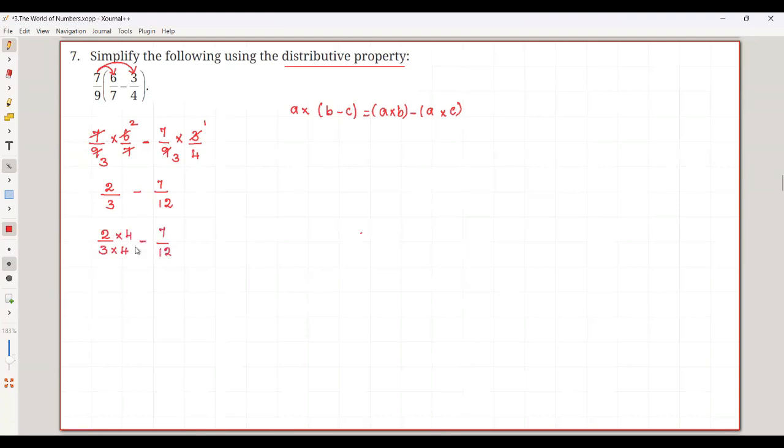So 8 by 12 minus 7 by 12. Both have the same denominator, so keep the same denominator and subtract the numerators. 8 minus 7 means 1 by 12. 1 by 12 is the answer.